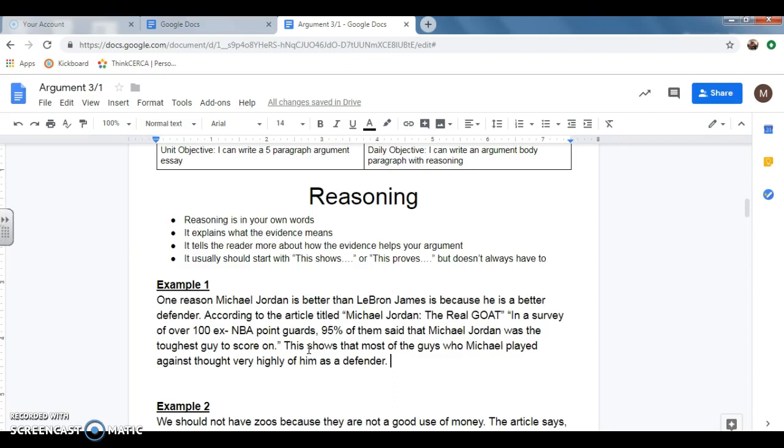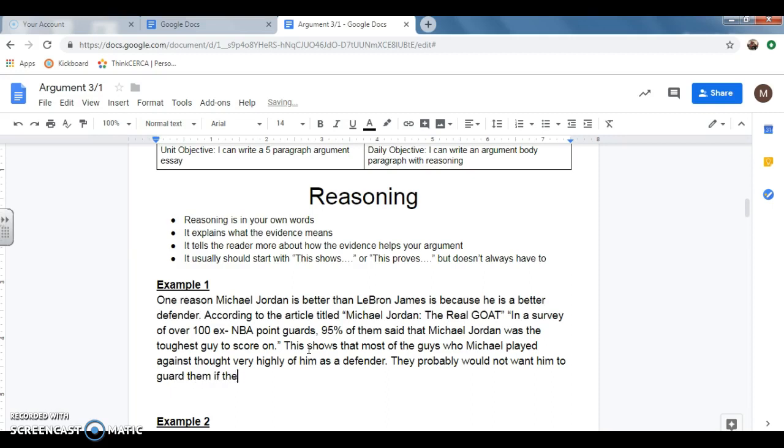I'm just going to be a little bit more creative and say they would not... Okay, so just adding on that other sentence to really hammer home and make it clear for the reader what the evidence is saying and how it helps your argument that Michael Jordan is better than LeBron James because of his defense. Write that down, that reasoning for example 1.